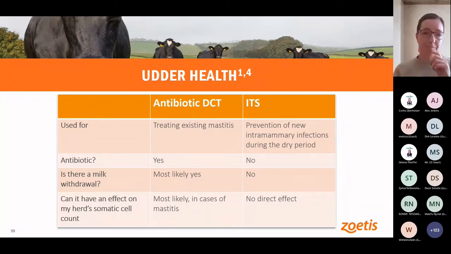And an internal teat sealant usually does not have a milk withdrawal. You do need to strip it out, but there's no additional milk withdrawal after that. All right. And then it will not have a direct effect on the somatic cell count like an antibiotic would, but I said that it might have an indirect effect in terms of helping to prevent those new intramammary infections from entering the udder.